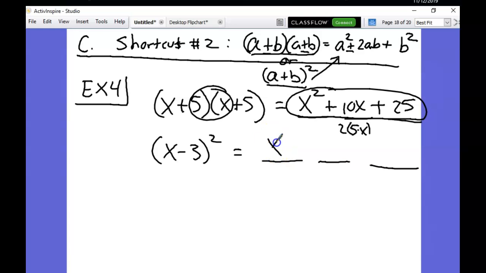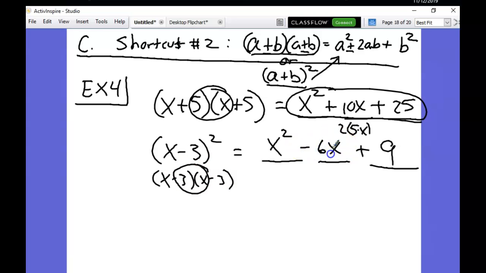X squared. What's my last term going to be? 9. Positive. Good. What's the middle going to be? Close. Negative 6x. So remember, this is like this, right? You multiply these, that's negative 3x, but then you double it. So you get negative 6x.